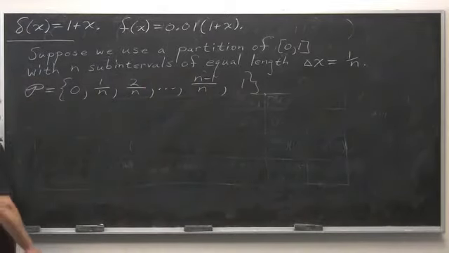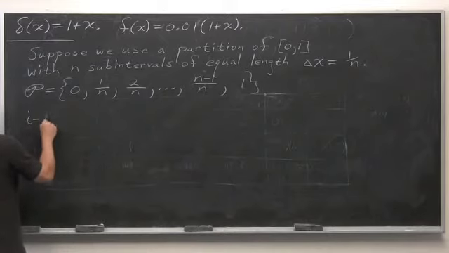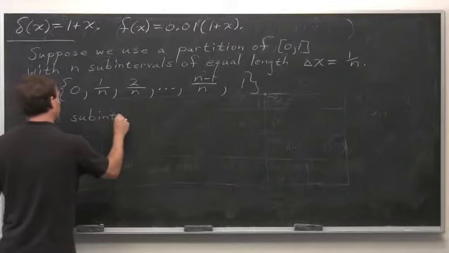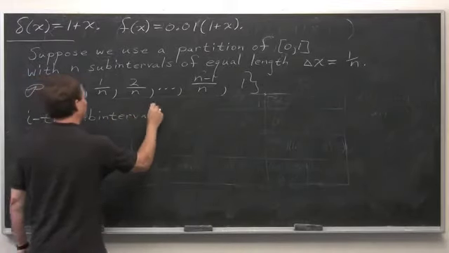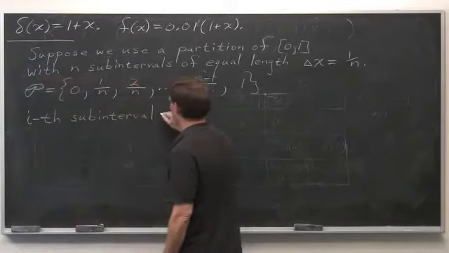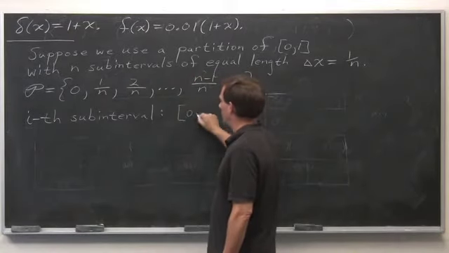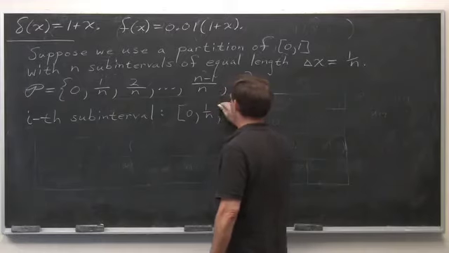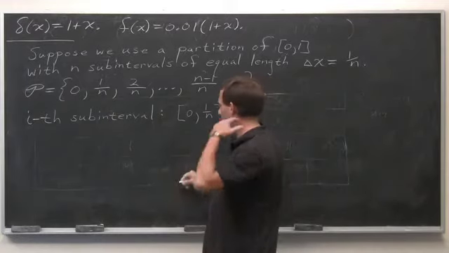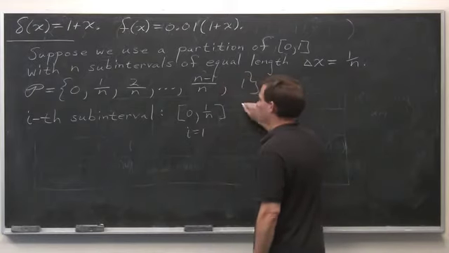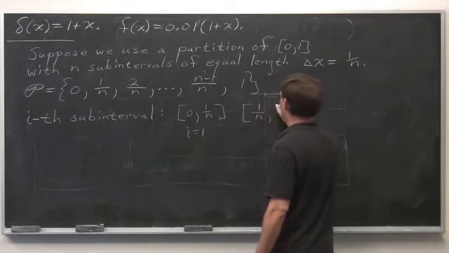All right. Let's look at the ith subinterval for a second. The first one is 0 to 1 over n. So this is where i is 1. Then when i is 2, you go from 1 over n to 2 over n.